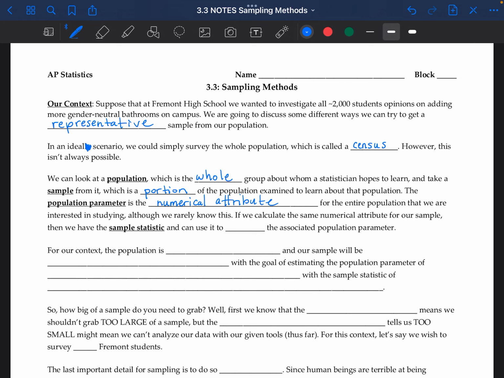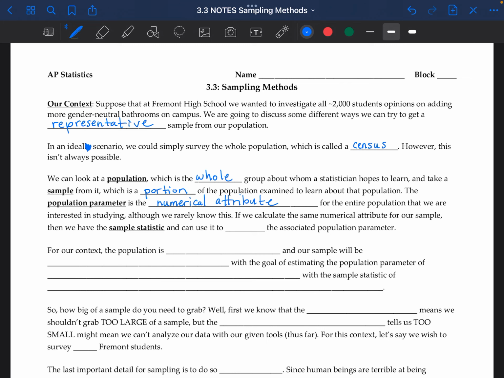We usually don't know this. If I asked you what you think the entire United States's opinion is on gender-neutral bathrooms, that would be a very difficult metric to tackle, because there are hundreds of millions of Americans.